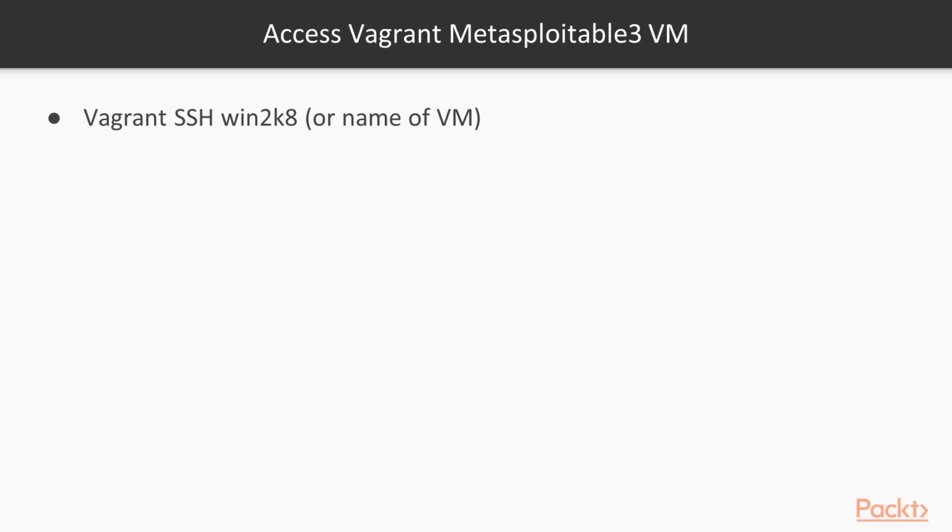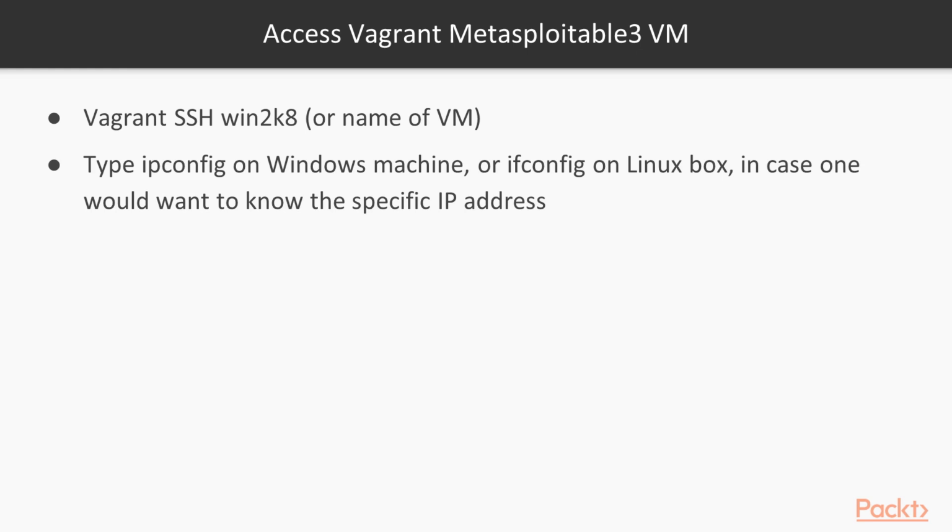To access a Vagrant Metasploitable 3 VM ready image, all you have to do is use SSH. Vagrant provides SSH ability to access your desired VM. After accessing the specific VirtualBox, run ipconfig or ifconfig in case you want to know the specific IP address of the targeted machine.